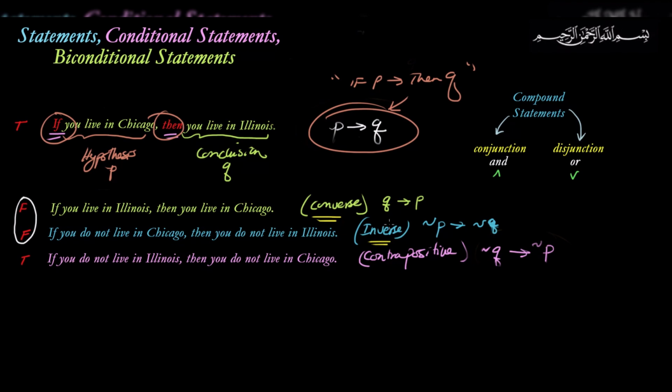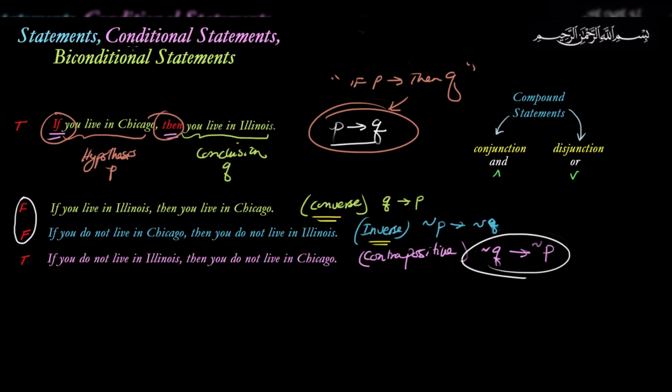I also suggested that the original conditional statement and the contrapositive are logically equivalent statements. They're best buddies, that is, they're both true or both false. And in this particular example, if you live in Chicago, then you live in Illinois, the converse was not true. But that doesn't always have to be the case.